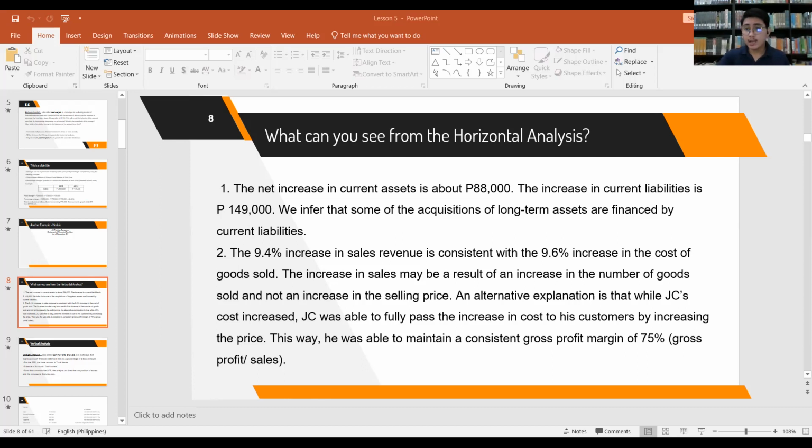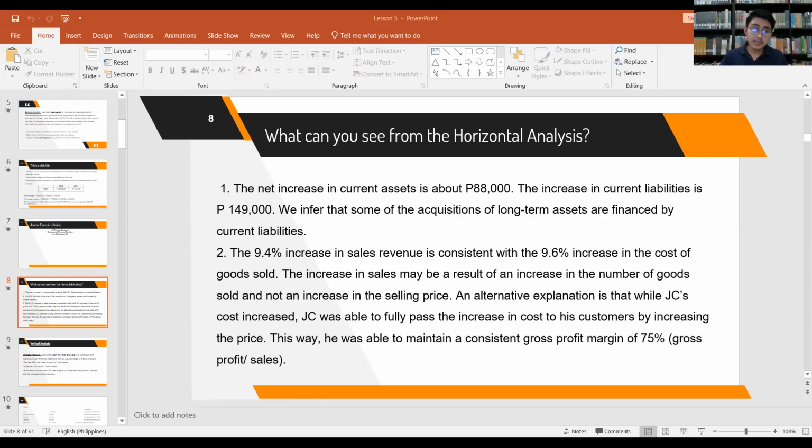So you can compute the difference between year 2020 or 2019 or from other consecutive years of the business. Okay, ganun lang po ang horizontal analysis. So horizontal analysis not only can be used in the financial statement, but also we can use it in the comprehensive income, or the income statement.